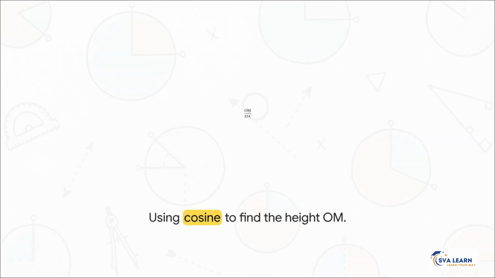Let's zoom in on just one of those right triangles, triangle OMA. We know the hypotenuse, OA, is 21 centimeters. We need to find the height, OM. From our 60-degree angle at the top, OM is our adjacent side. And remember your trig ratios from earlier this year. What connects adjacent and hypotenuse? Cosine. So the cosine of 60 degrees equals our unknown height, OM, divided by our hypotenuse, OA.